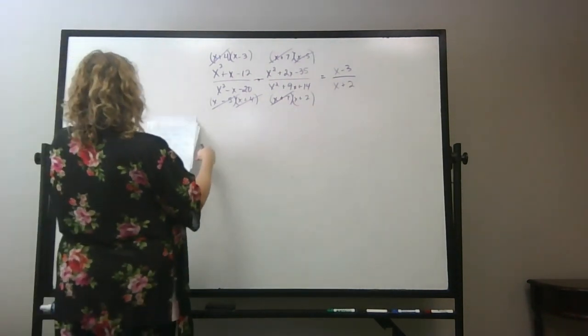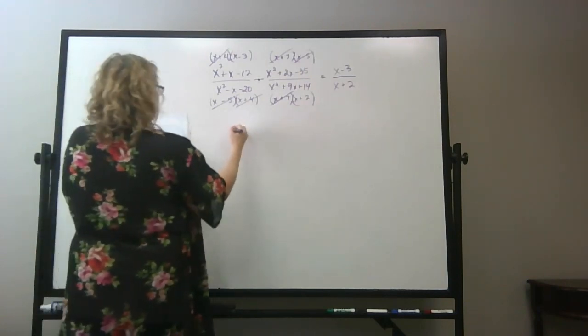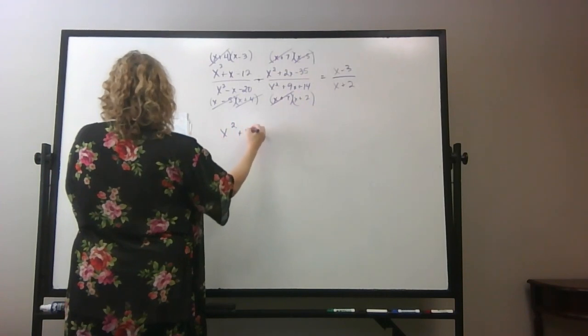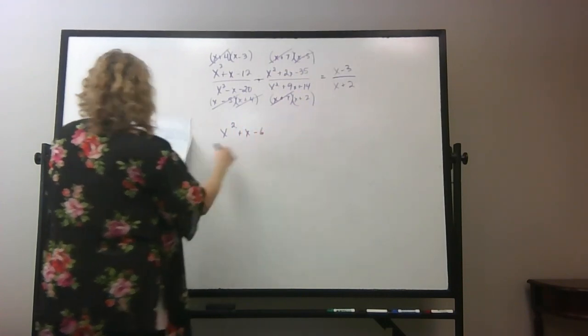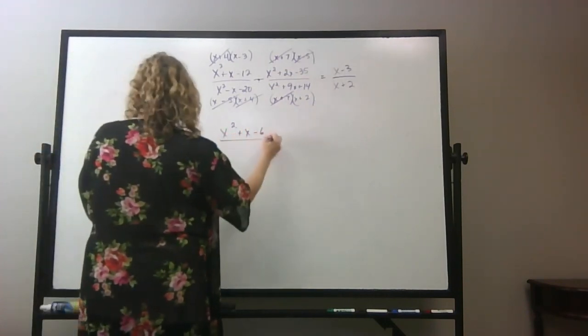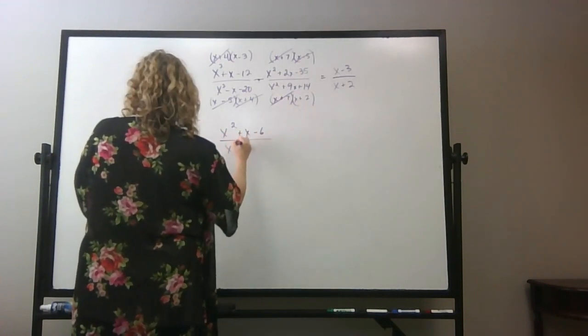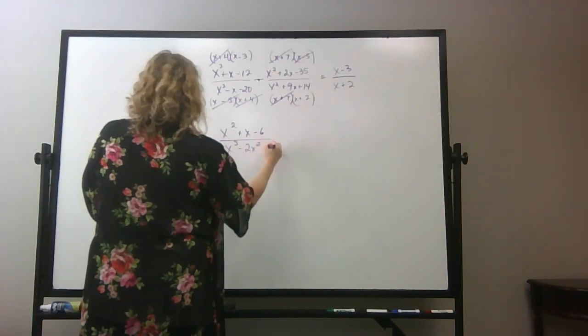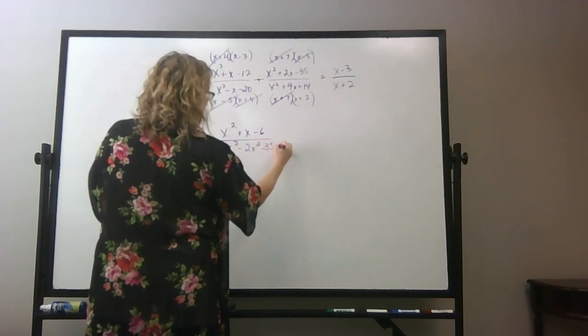If I've got x squared plus x minus 6 over x cubed minus 2x squared minus 35x.